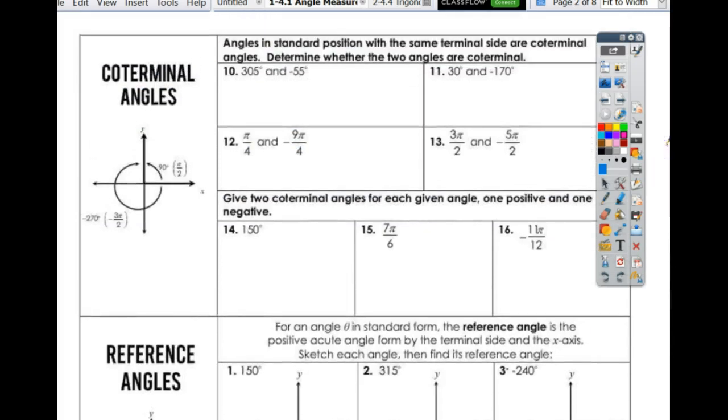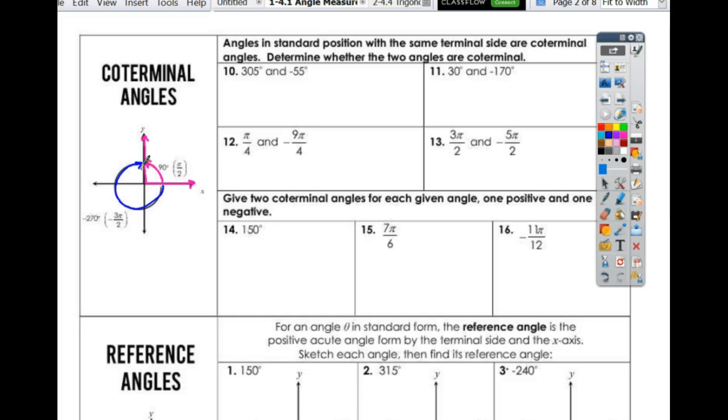Okay, so everybody look up here for a minute. If I draw this angle, this was positive. If I go negative, they share a terminal side.